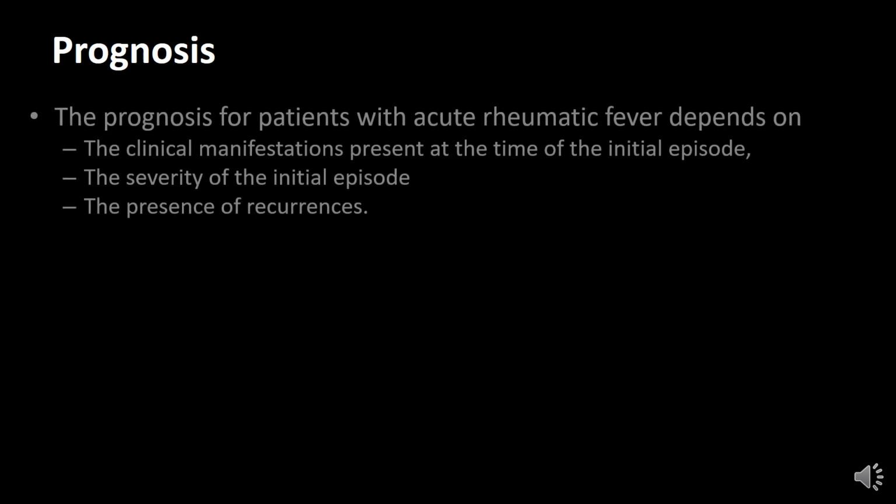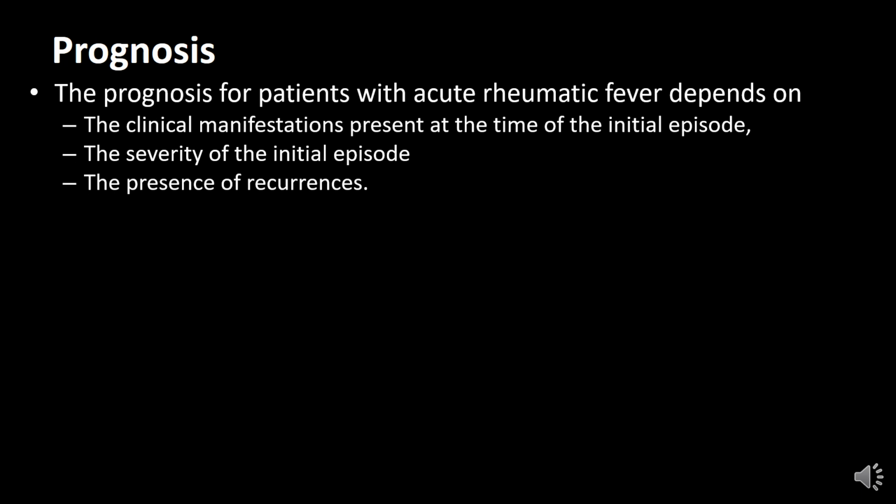Now, let us look at the prognosis. The prognosis of these patients depends on three things. One, the clinical manifestation present at the time of the initial episode, that's very important. How the patient presents, which major signs they present with, really is important when you are considering the prognosis.